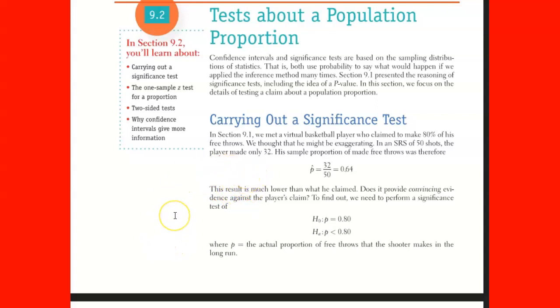So we get to this thing called a hypothesis test. 9.2 is going to be about the specifics of when we're working with p's and p hats. Mu's and x bars will be in section 9.3. So the way we talked about setting up the hypotheses in section 9.1, the null hypothesis is the true proportion really is 80%. We say, you know what? We believe you.